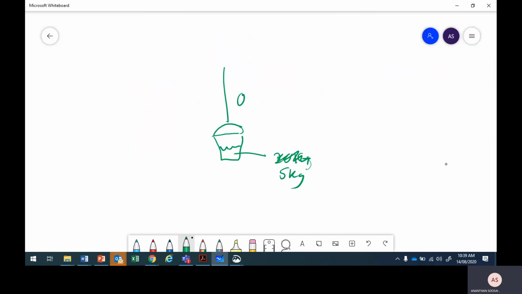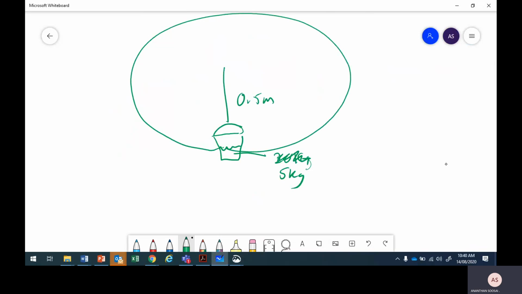The string is about 0.5 meter. Your friend wants to whirl this bucket vertically. Find the V minimum so that when it's whirled vertically, the water never spills down. Assume the bucket is weightless; we ignore the weight of the bucket.